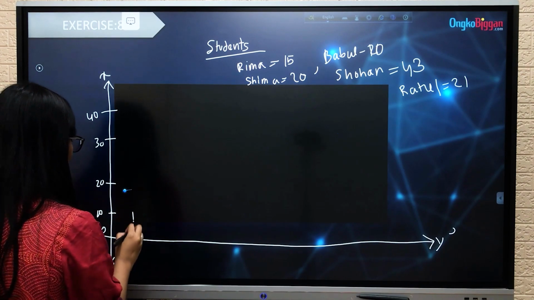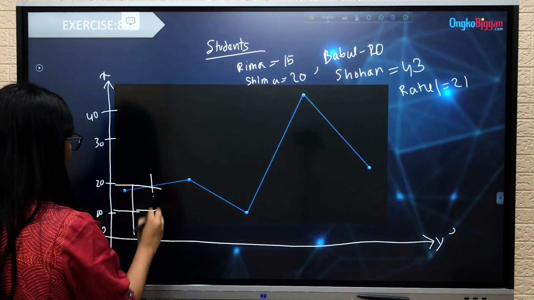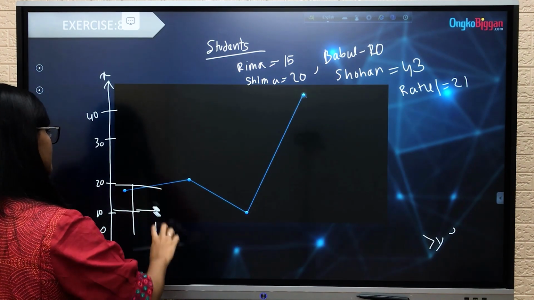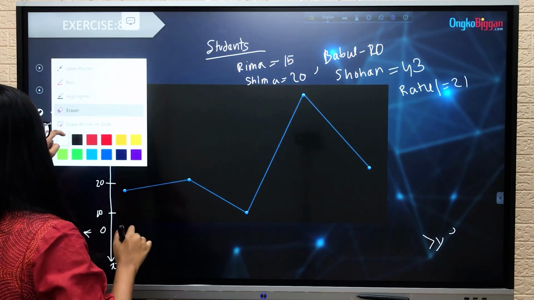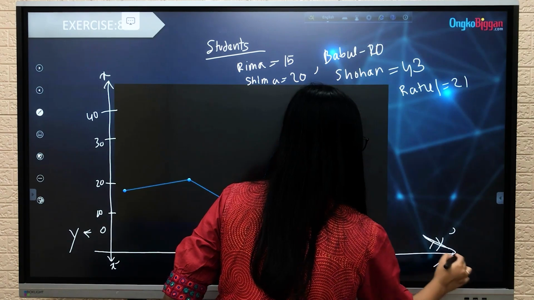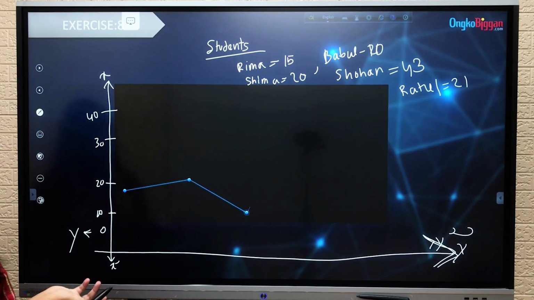Large boxes of the graph paper look like this. You will see boxes of graph paper this way. So I have considered the large boxes, and I will show you how to put this in the graph paper. Now I am just showing you how it's happening.